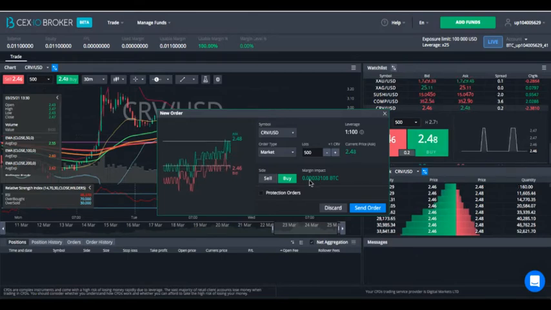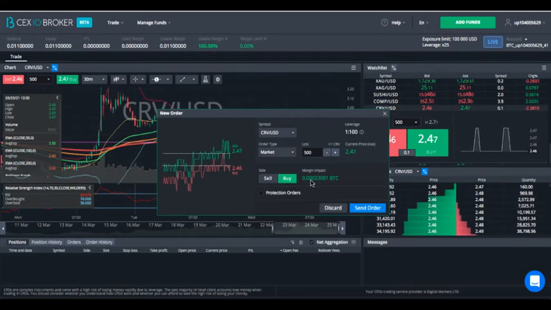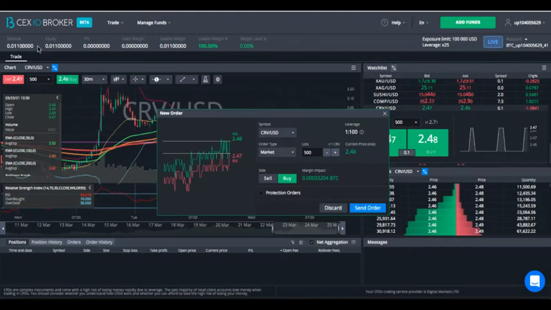Now as a rule of thumb, because margin trading is very risky, I always say do not use anything that's greater than 1/100th of whatever is actually in your account. So if I have 0.01 in my account, then I think my margin impact shouldn't be greater than 0.001, right?